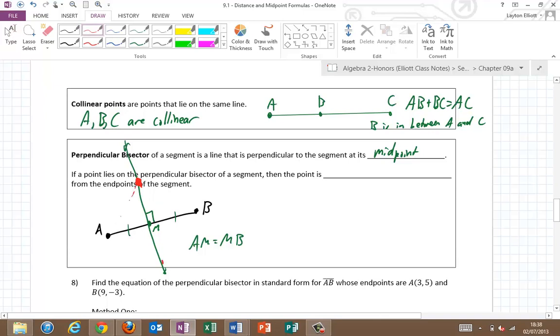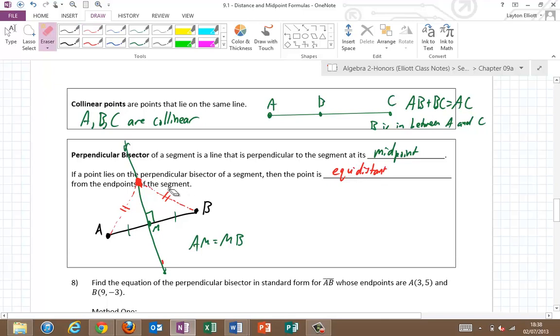If I were to draw a triangle from that point to A and that point to B, if M is truly the midpoint, and I know this is off just a little bit, then that means that these are the same length. They're exactly the same length. That point is equidistant. I can write that down. Equidistant from the endpoints of the segment.